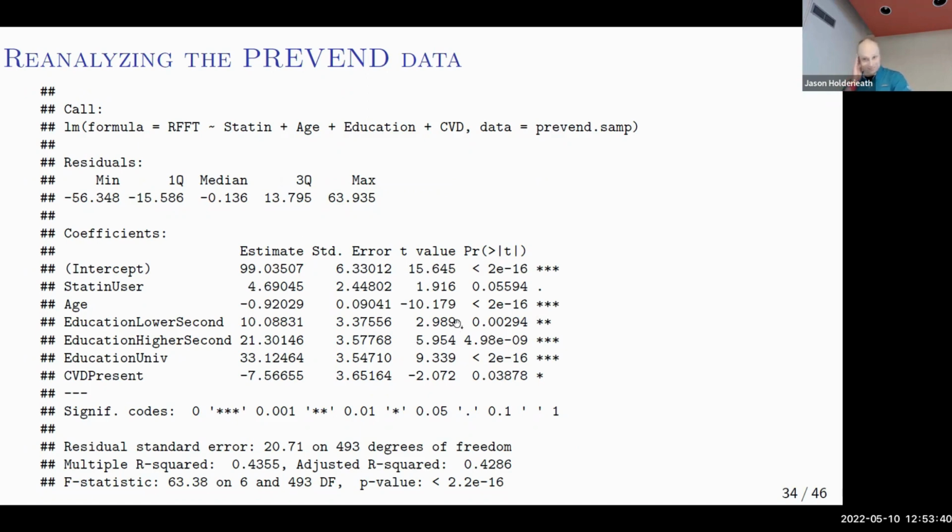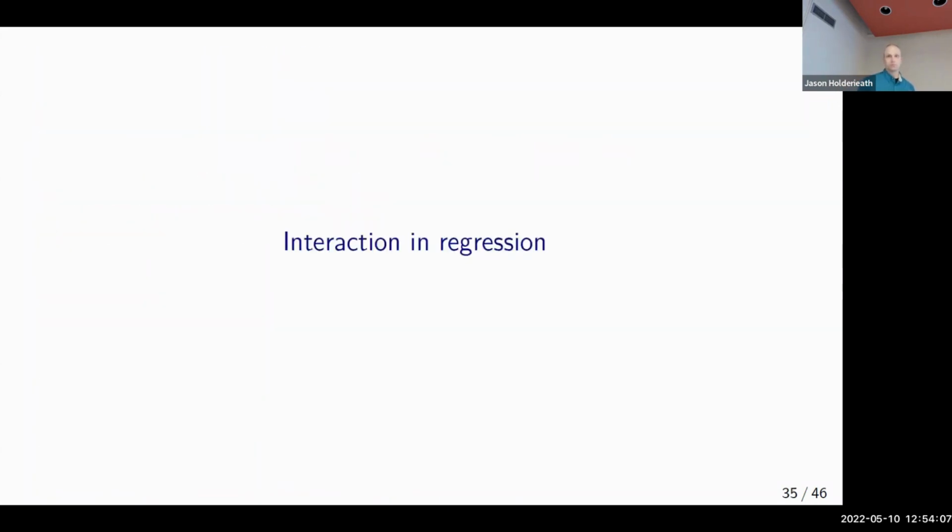We might say that if we had set our alpha at 0.05, we would say that there's insufficient evidence to reject the null. We would say that our statin user variable is not significant. Could happen, depending on whatever you set that up to. Okay.